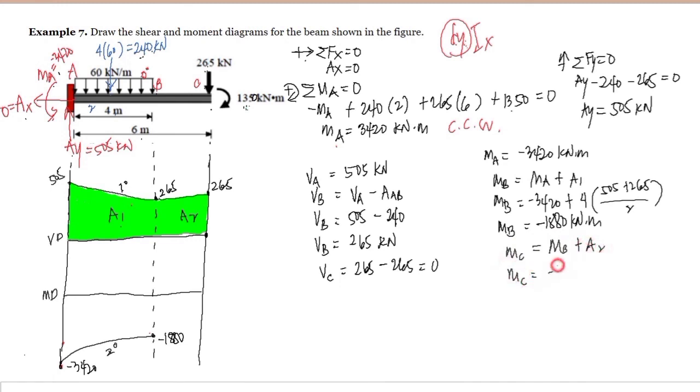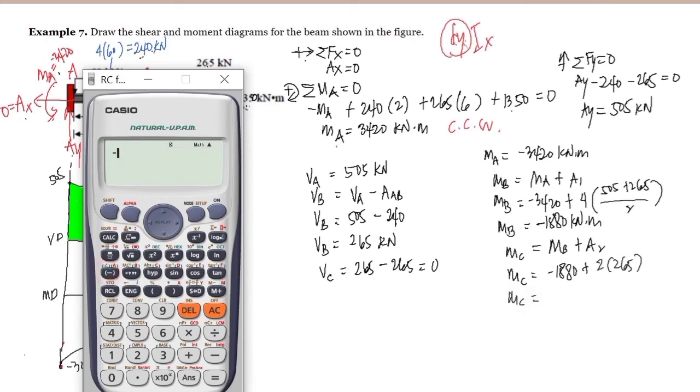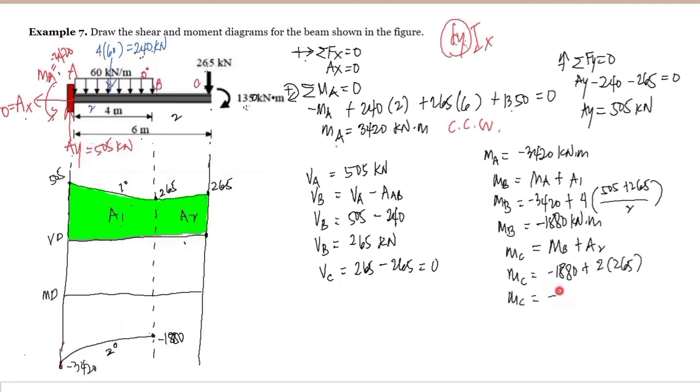So the moment at C is equal to negative 1,880 plus area 2, which is just the area of the rectangle, with height 265 and distance 2. So we have 2 times 265, and the moment at C is negative 1,880 plus 2 times 265, which is negative 1,350.